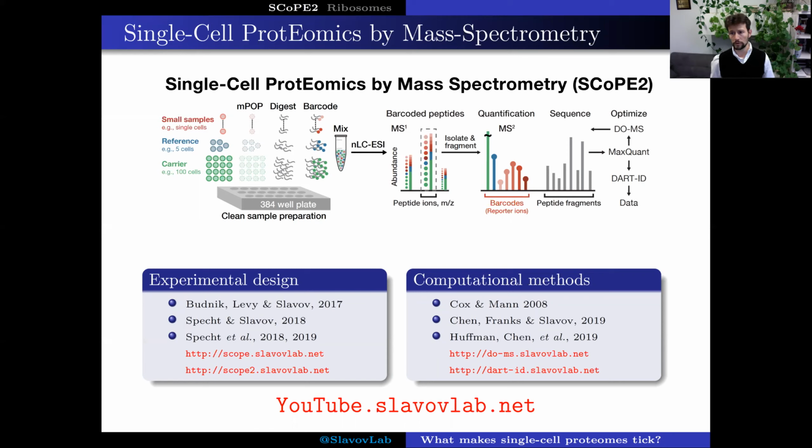It's a set of tools that allows us to visualize data and determine optimal parameters for our analysis. Similarly, we have developed methods such as DART-AD that use Bayesian frameworks to incorporate additional information for peptide sequence, such as retention time, to again enable us to assign sequences to a larger number of peptides.